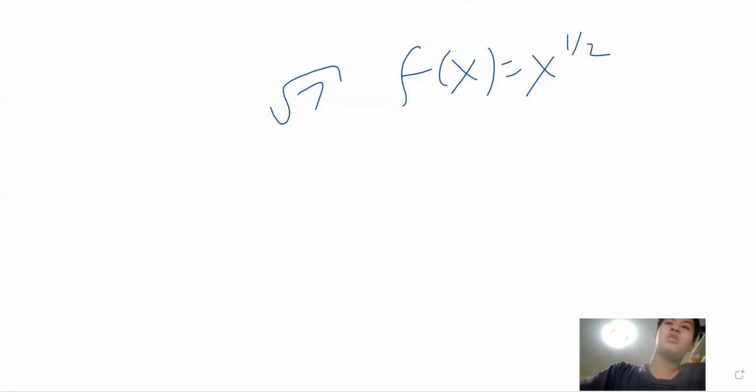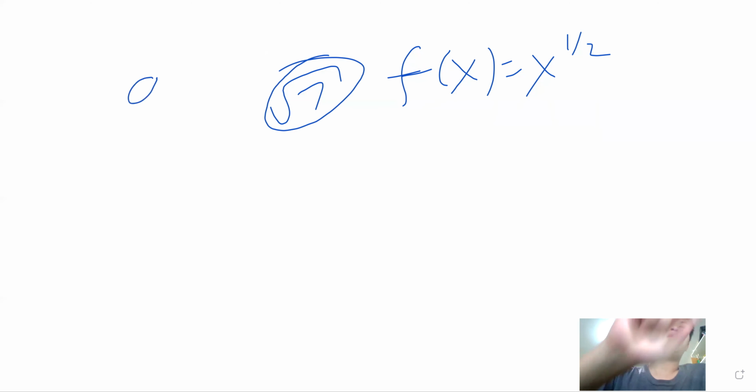And for other approximations, like approximating the roots of a number, we can use the slope of the tangent line. Let's say we want to approximate the square root of 7. Then we can use f of x equals x to the 1/2, and the closest perfect square to 7 is 9.